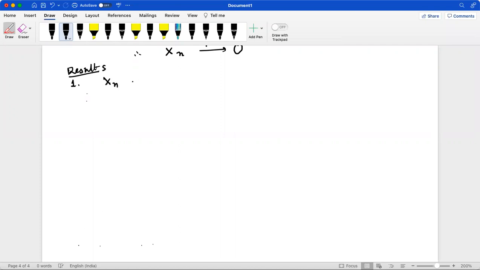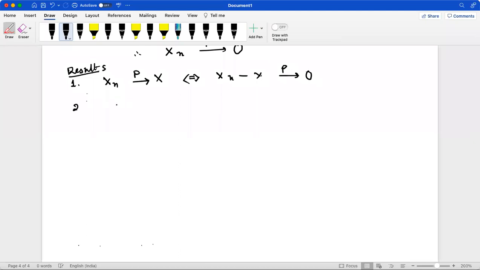Some are in the book, but some are so easy that they are left as exercises. If xn tends to x in probability, this holds if and only if xn minus x goes to 0 in probability.